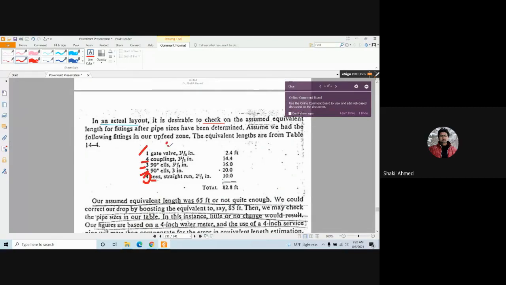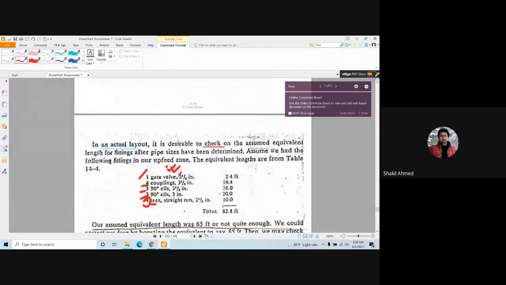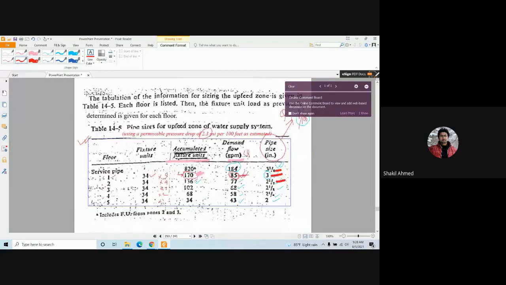If you know this, then from this figure, where did you know this inches now? Because now you know this.